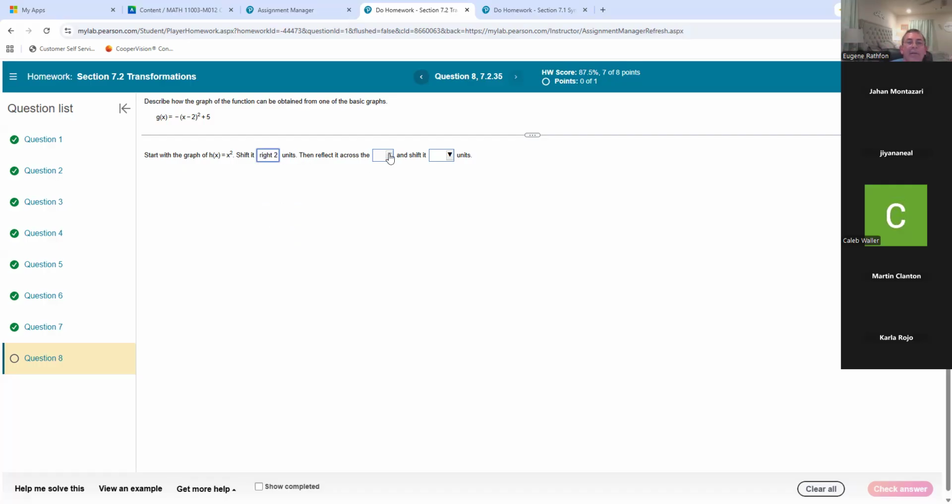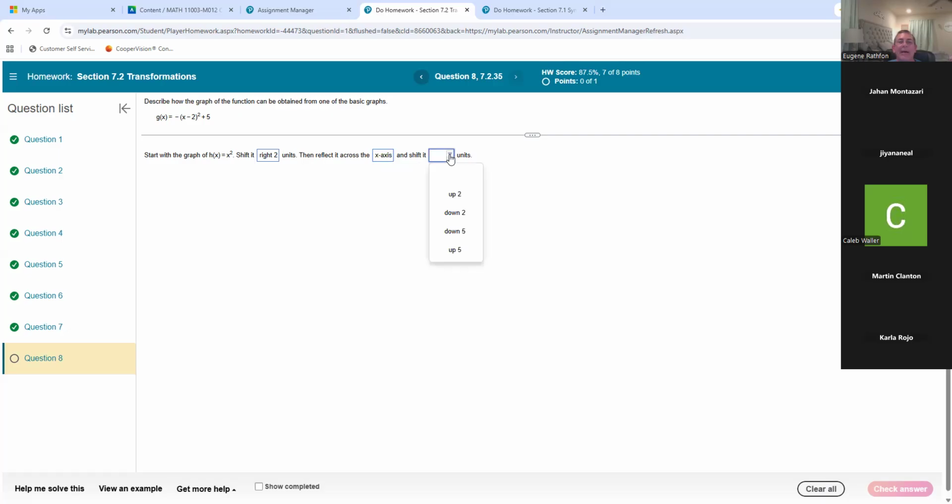All righty. Then you're going to reflect it across the x-axis or the y-axis. And y'all, I think there was only one that we did on this one, so which one was it? So the x, so pick x, y'all.